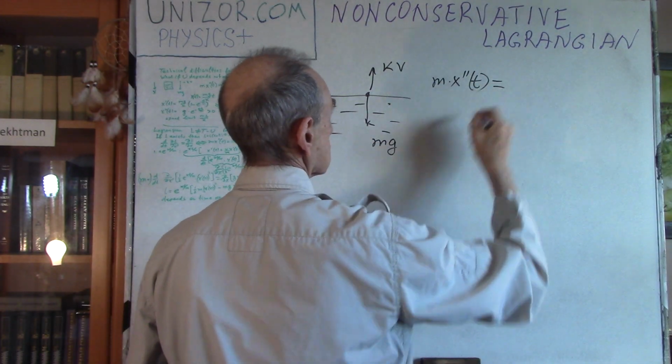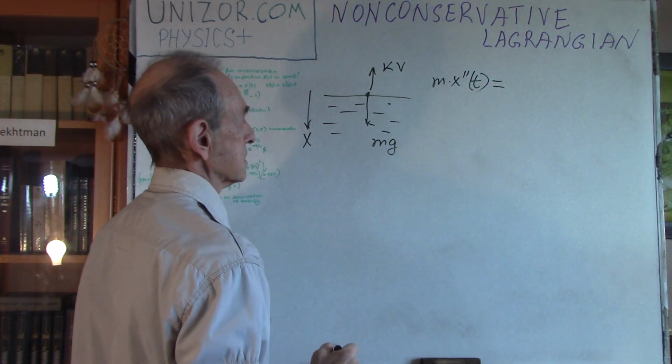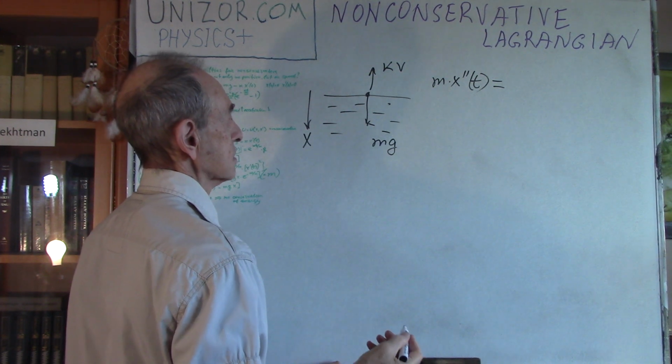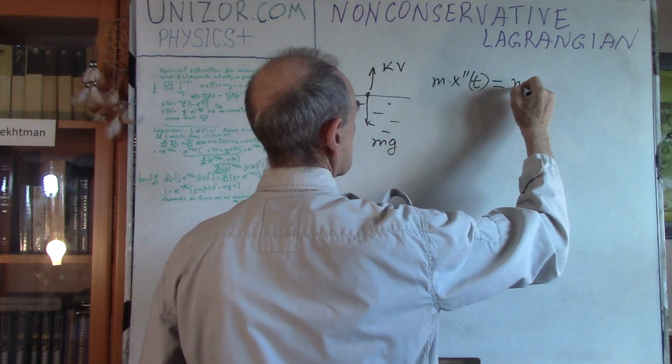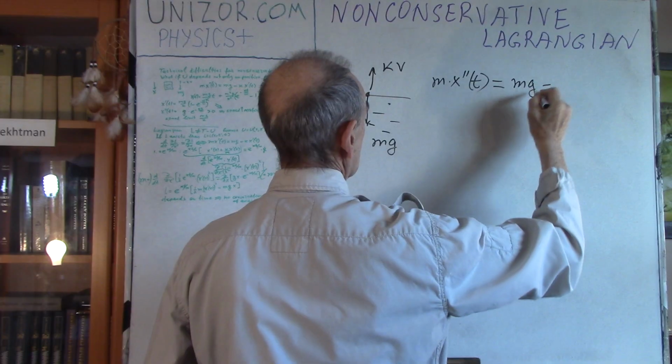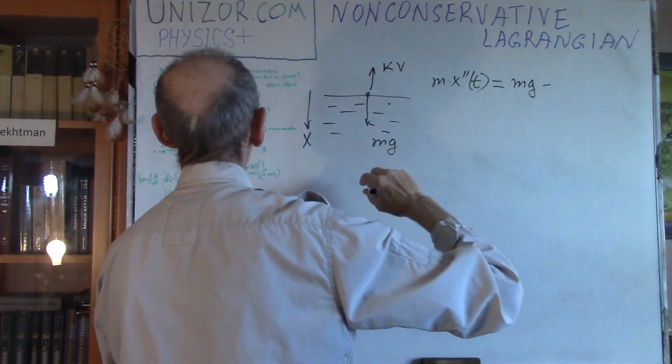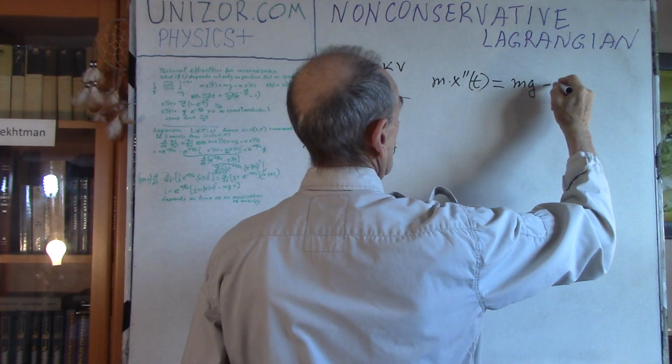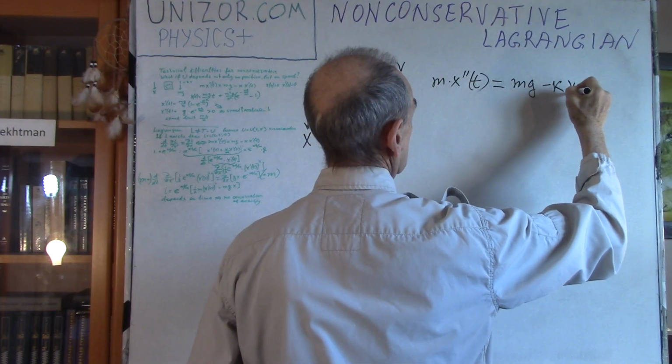Now this is force, basically, mass times acceleration. And what is the force? The force is mg minus k times the first derivative.